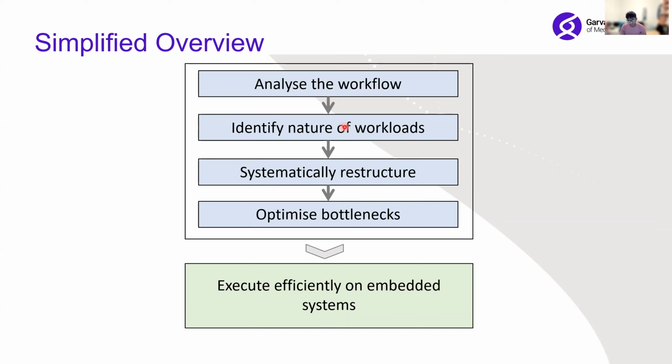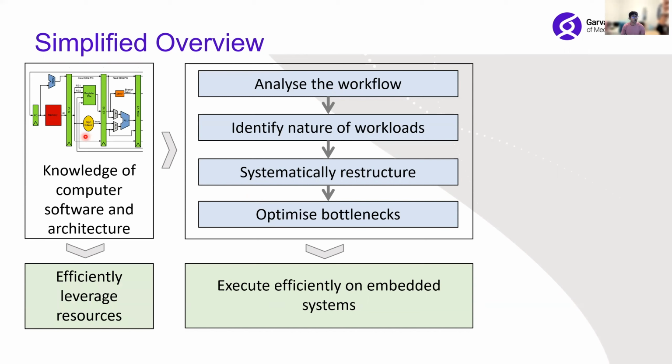Then you can systematically restructure these, and optimize the bottlenecks by taking into consideration all the important computer architectural features we know of. If you do that, you can make sure we use those resources very effectively.